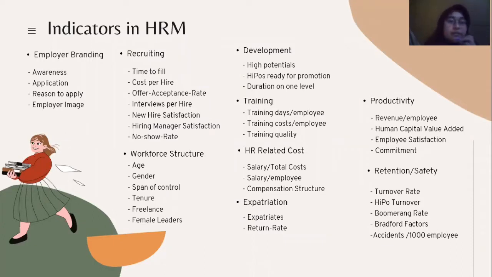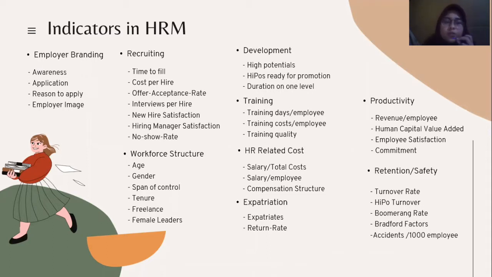Next is about indicators in HRM infrastructure. There are 8 indicators. The first is employer branding, such as awareness, education, reason supply, and employer image. The second is hiring: time to fill, cost per hire, offer acceptance rate, the fees per hire, new hire satisfaction, hiring manager satisfaction, and attrition rate.